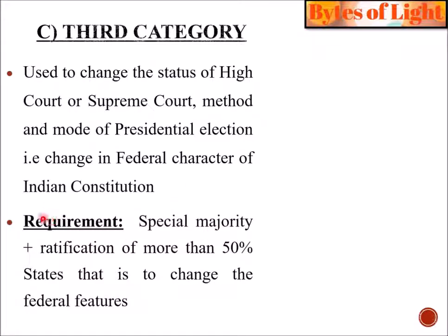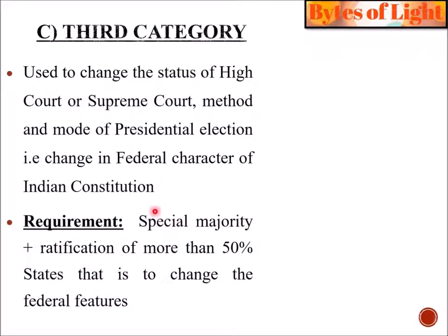The requirement here is special majority plus ratification by more than 50% of the states. That is to change the federal features, because federal features means the center plus the states.